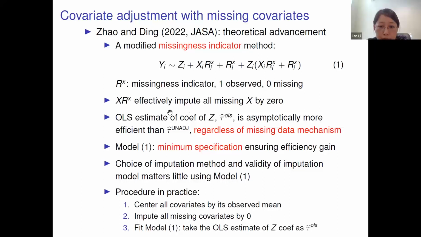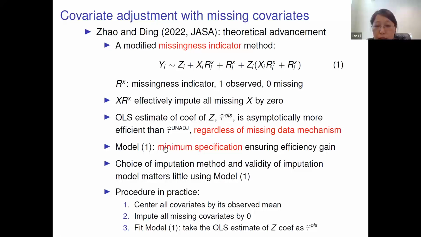The point is that they also show theoretically that this defines a minimum specification that ensures efficiency gain. Of course, you can put more and more into this model, but this is the minimum specification ensuring the efficiency gain. This result is really pretty remarkable, right?